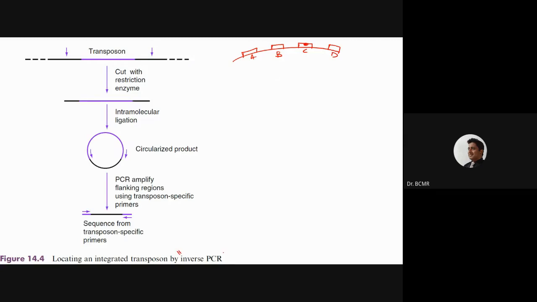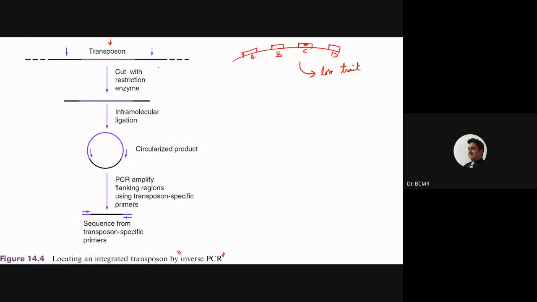Please try to remember what inverse PCR is. Today's focus is only on inverse PCR. I hope you understood the transposition part. If not, maybe in the next class I'll try to review it. Let me see. So assume that this transposon is hit on C, and I chose the cell which has lost the trait, a mutant.